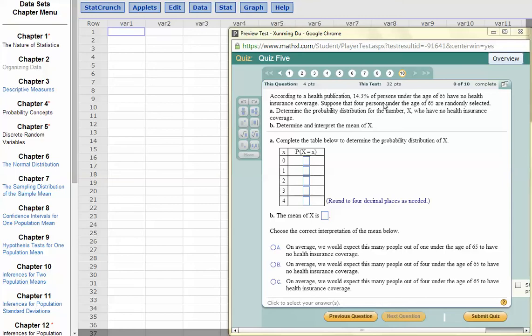And here we have 4 persons, so N is 4. So you want to remember N is 4 and P is 0.143. Now let's go to StatCrunch.